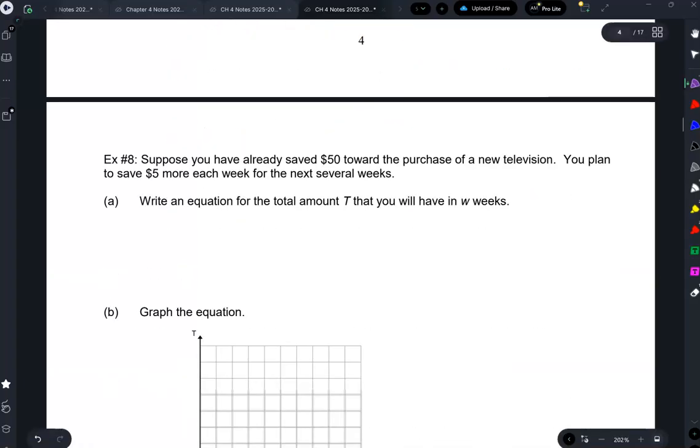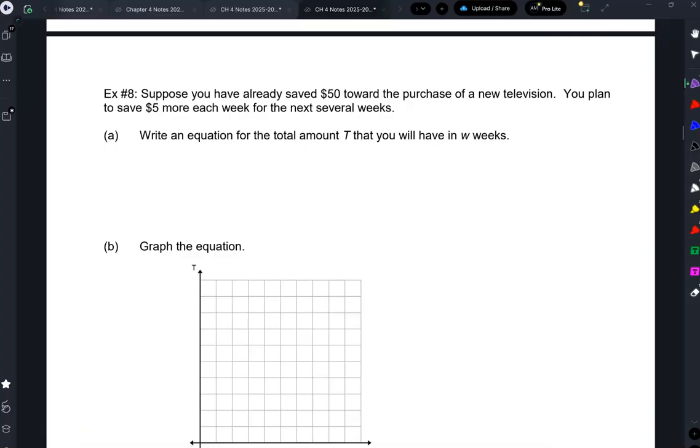Okay. All right. Suppose you have already saved $50 towards the purchase of a new television. You plan to save 5 more each week in the next several weeks. Write an equation for the total amount T you will have in W weeks. Okay, I need a slope and a y-intercept. So my slope is going to be the rate of change, and my y-intercept is going to be the initial.